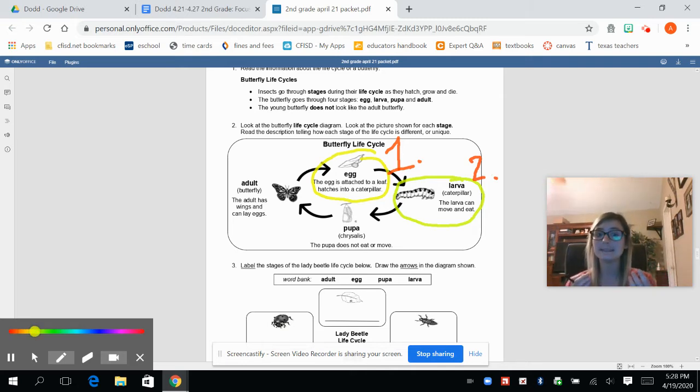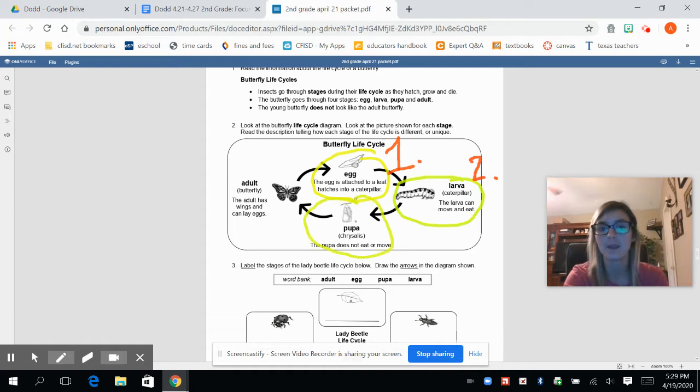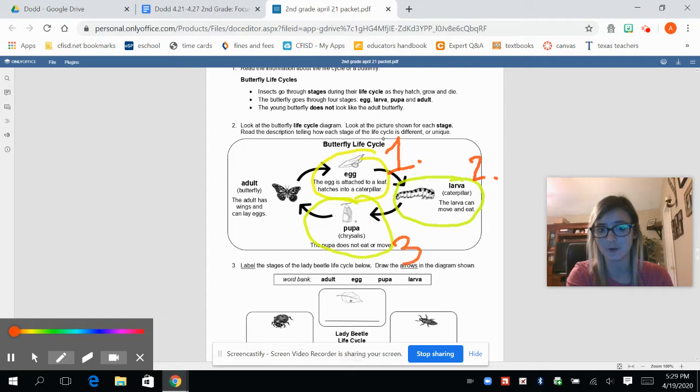One day the caterpillar gets on a leaf and rolls up and gets into a cocoon where you can't really see it, and it's covered by this hard stuff that keeps it safe from predators or things that might try to eat it. So we have the pupa in our third step of the life cycle.